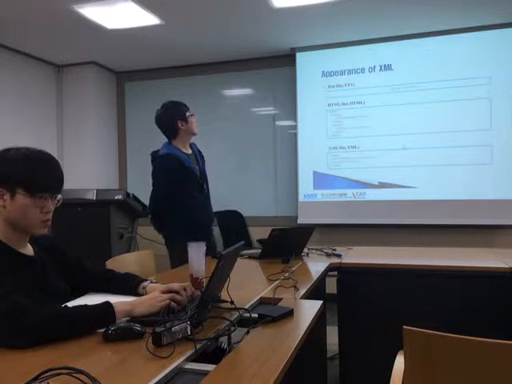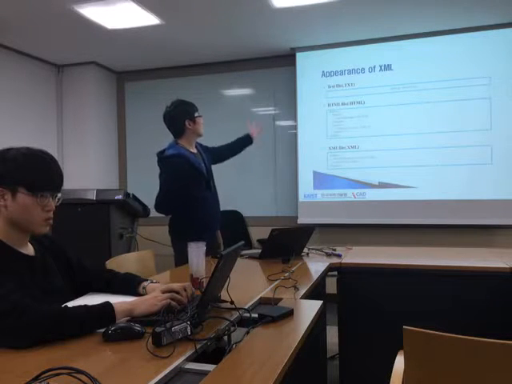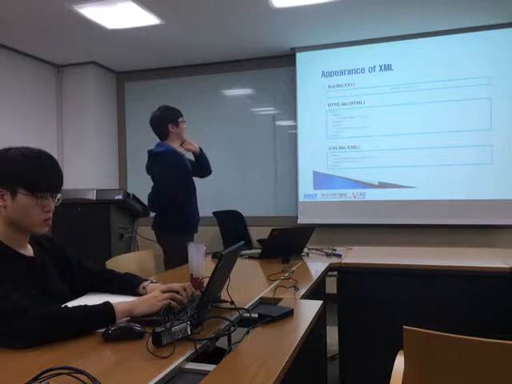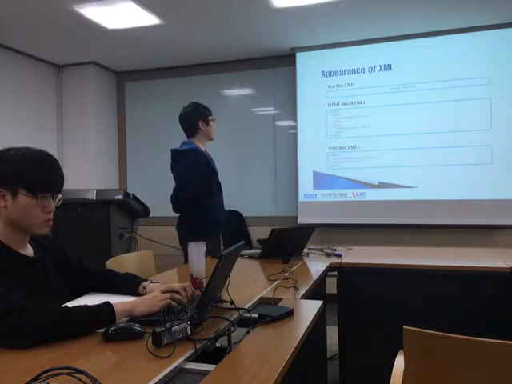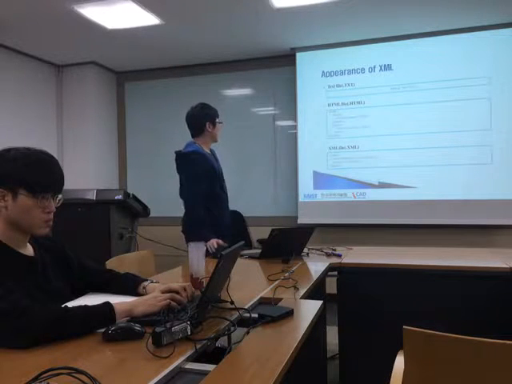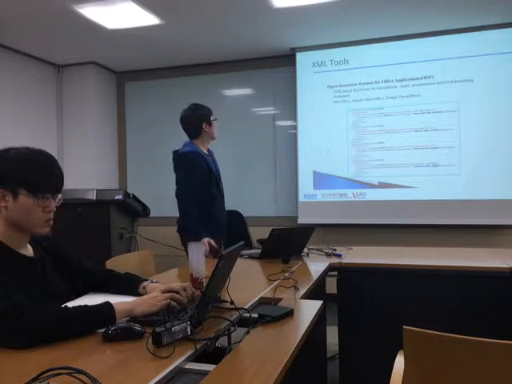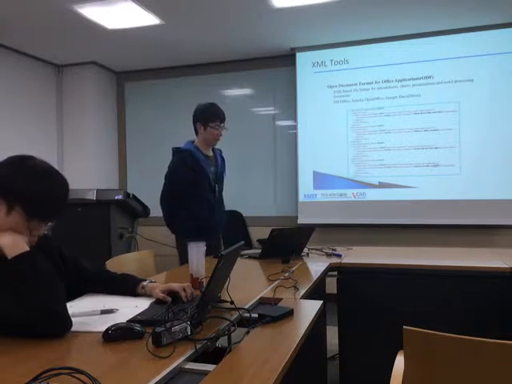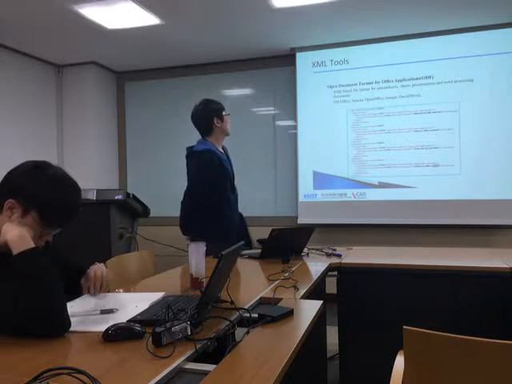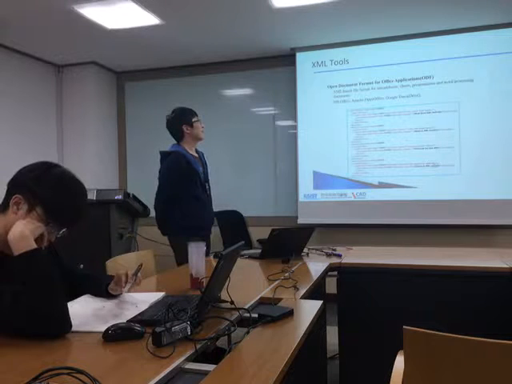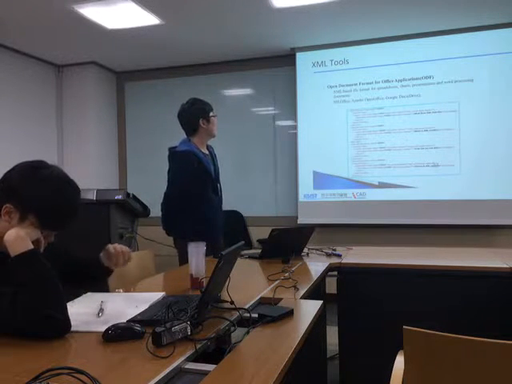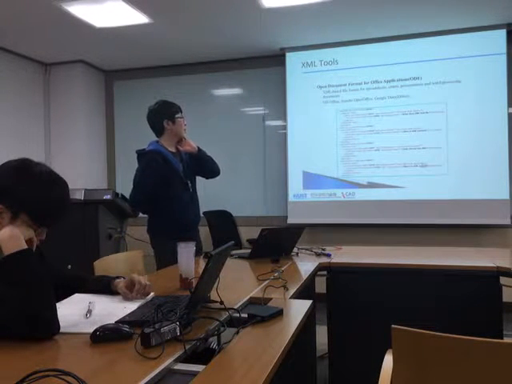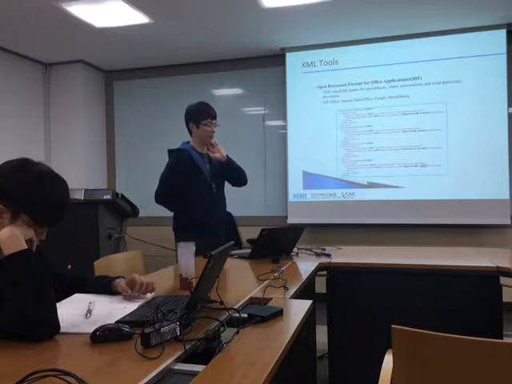And this is the appearance of XML. The first is a text file, and second is an HTML file, and the final picture is an XML file. And there are also XML tools. The first is Open Document Format for Office applications, an XML-based file format for spreadsheets, charts, presentations, and word processing documents.